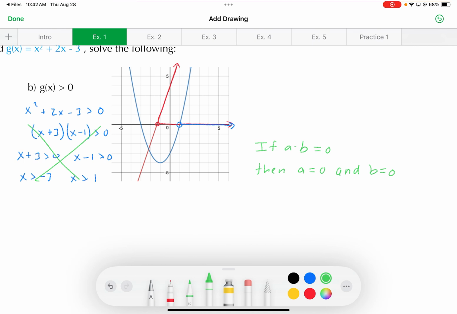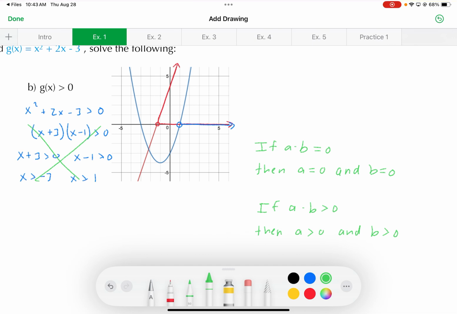If two factors multiply together to be 0, then one or both of the factors have to be 0? Well, it's true for an equation, but is it necessarily true for an inequality? So if A times B is greater than 0, then A has to be greater than 0 and B has to be greater than 0? Can we assume that?